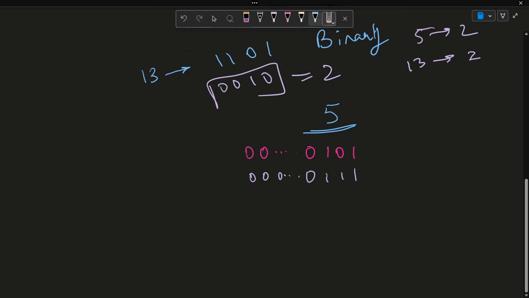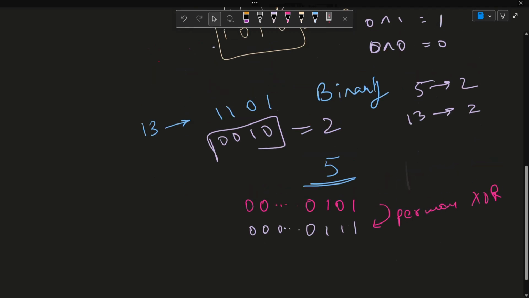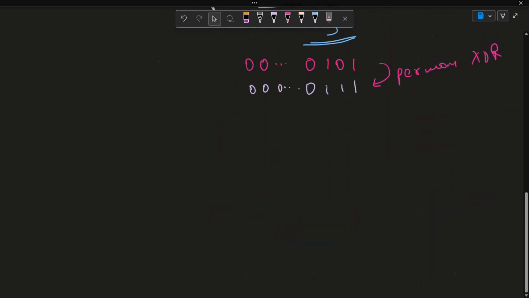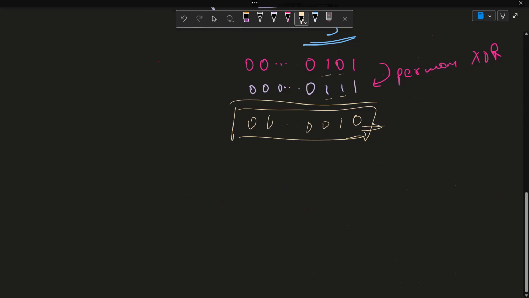Now what you can do is perform an XOR operation. 0 XOR 0 is 0. If you have the same bits, the answer is 0; if you have opposite bits, the answer is 1. So that is the ability of the XOR operation. Let's just do this. 1 XOR 1 is 0, 0 XOR 1 is 1, 1 XOR 1 is 0, and the leading 0 XOR 0 is 0, so the result is 010, which is 2.